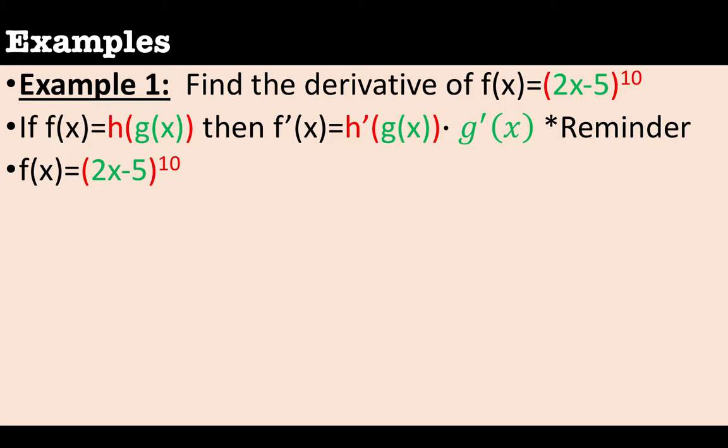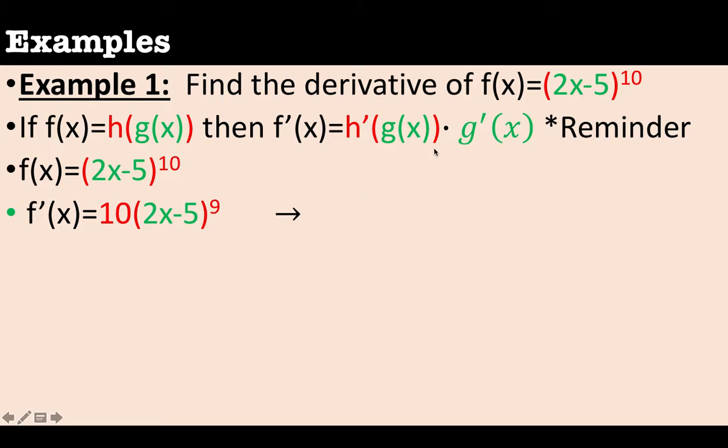So here I rewrote my problem. Now I took the derivative of the outer function. I'm still not done with applying the rule, but let me pause here. I brought the 10 down, and then I subtracted 1 from 10 to get 9. See how I just took the derivative of the red part while keeping the inner function the same?